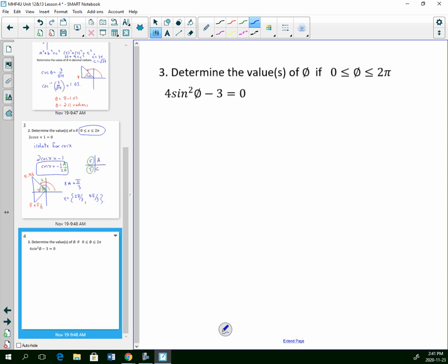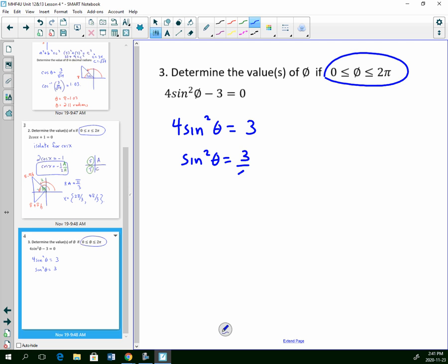So here's another one. It just wants it over the interval 0 to 2 pi, so just going once around in the positive direction. I'm going to isolate for sine. So I'm going to move the 3, I'm going to divide by 4, and it's sine squared, so I need to square root to determine my ratio.